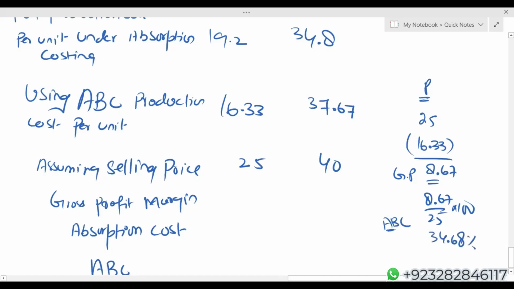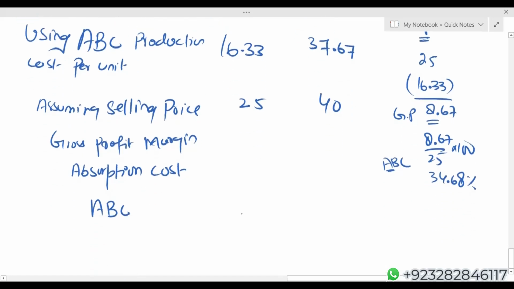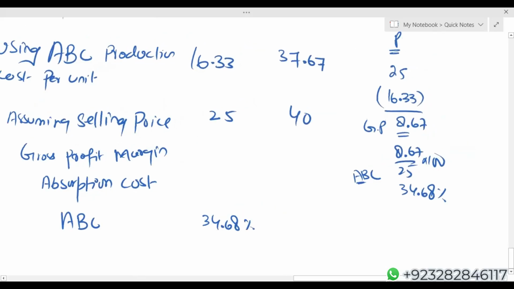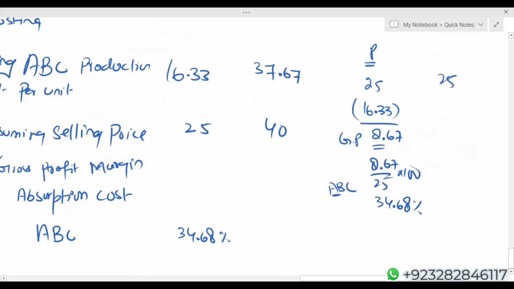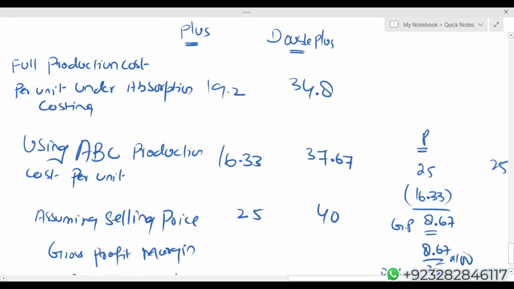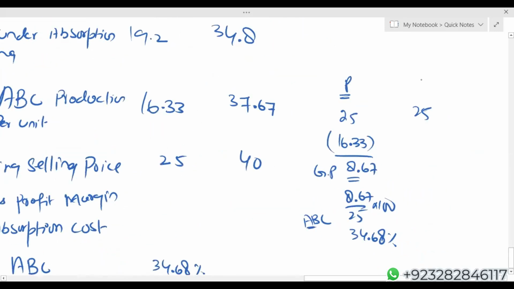Under absorption, the production cost of plus is 19.2. So 25 minus 19.2, I'm getting 5.8.